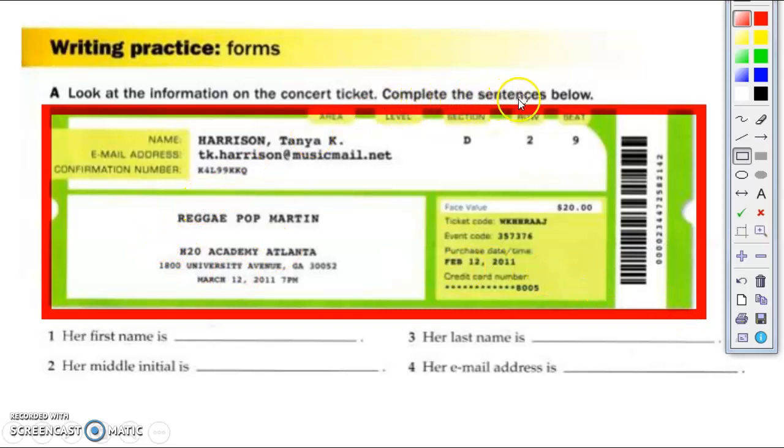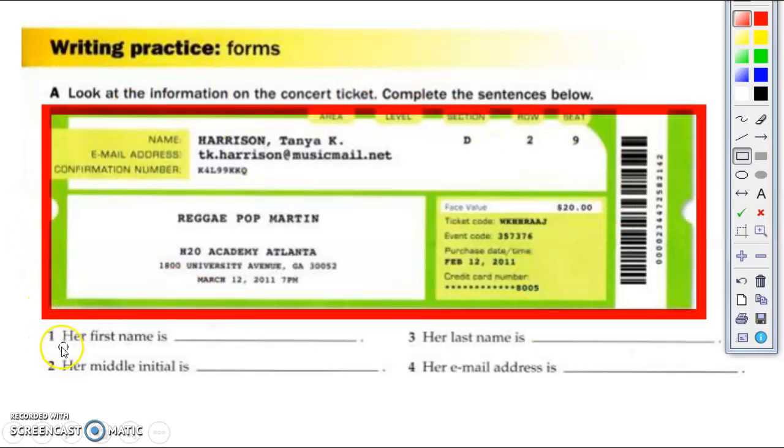Complete the sentences below. These are the sentences. 1, 2, 3, 4. Complete the sentences below with this information from the ticket.